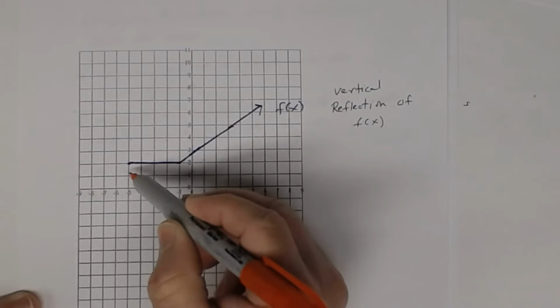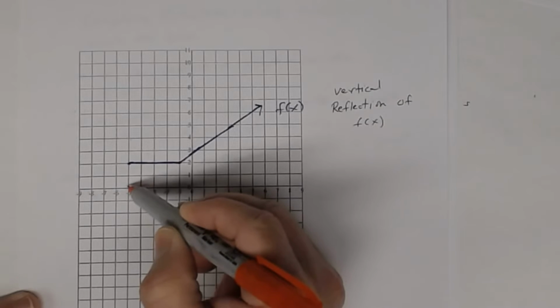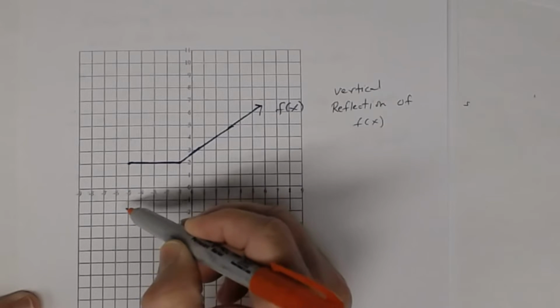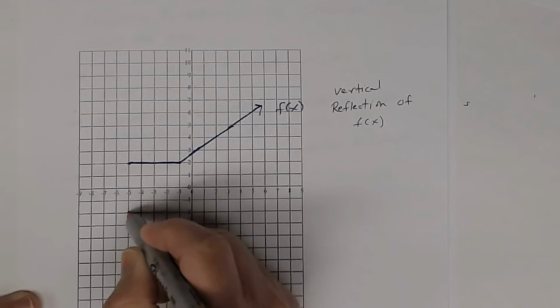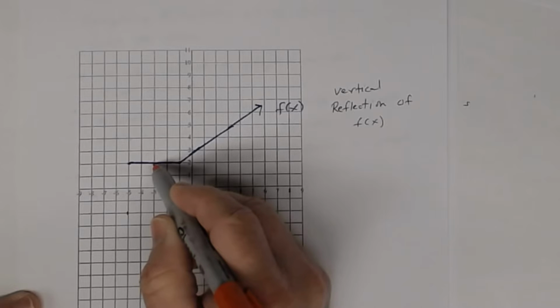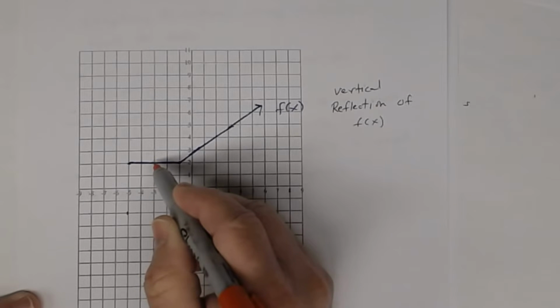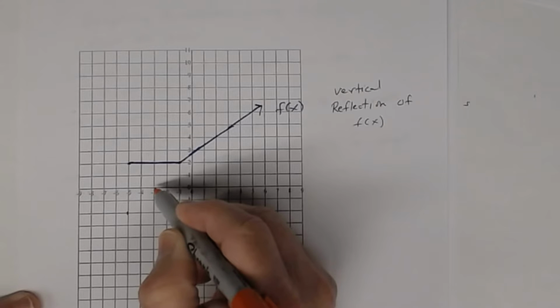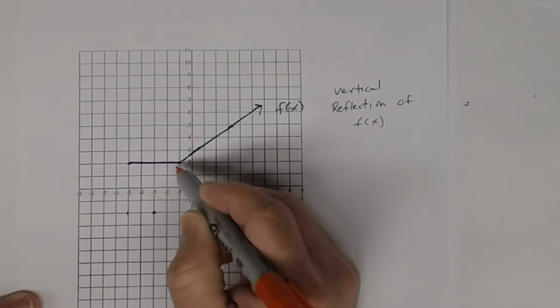You see how this distance here is 2 units. So when reflected about the x-axis, that distance right here is 2 units as well. Same thing here. If I take this point here, reflected about the x-axis, the distance from this point to the x-axis is the same as the x-axis to the reflection. So there's that point, and the same thing here.